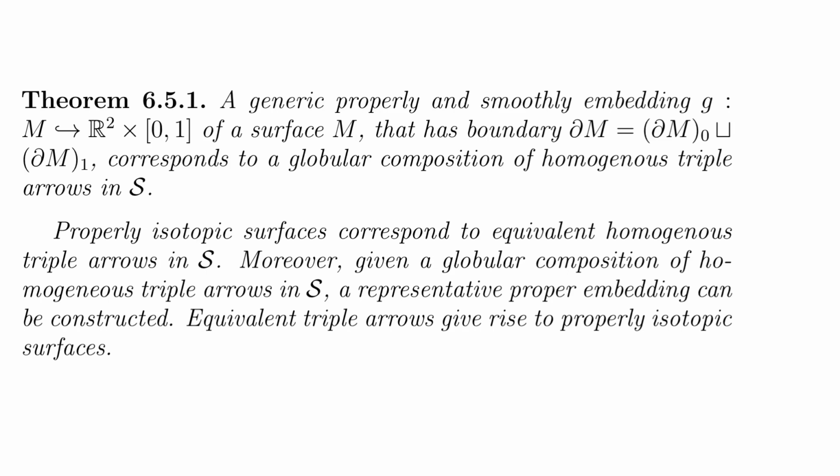By equivalent homogeneous triple arrows, we mean triple arrows that are related by the quadruple arrows that we just expressed. And given such a globular composition, you could represent it by means of a properly embedded surface. And that's classical. It's been known for more than 20 years. It's part of the Tangle hypothesis.